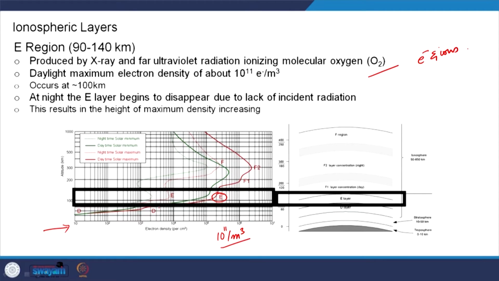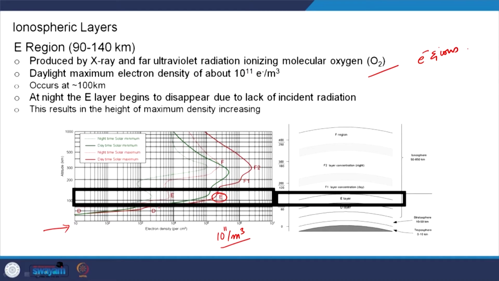So it is mainly the non-availability of incident radiation that means you do not see the E layer during the night time. This results in the height of maximum density increasing. So, at night time you do not find much of the E layer.